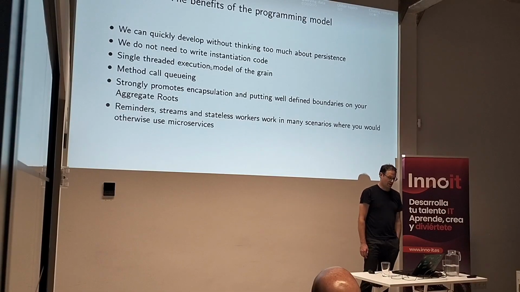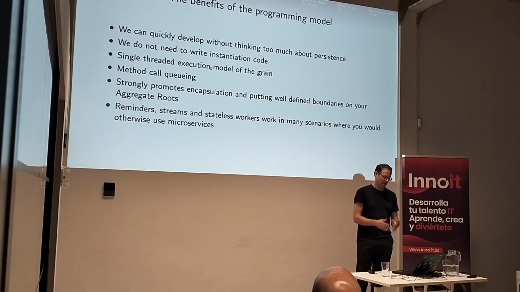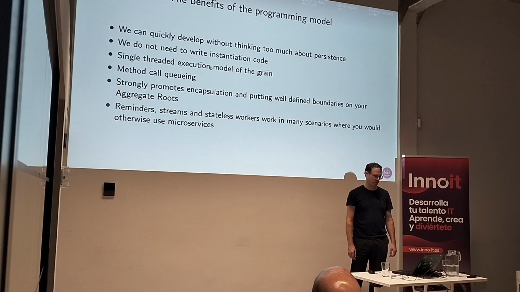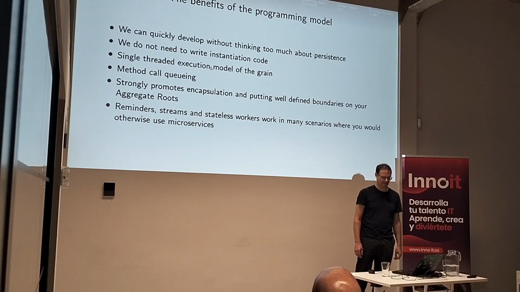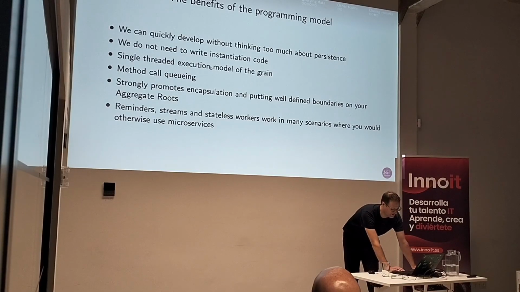You don't need to write instantiation code, and the concurrency issues that you no longer have thanks to the single-threaded execution model is a very attractive idea. Furthermore, because of the nature of grains, it very strongly promotes encapsulation and boundaries on your domain model, which prevents the famous anemic domain model, which is always looming.